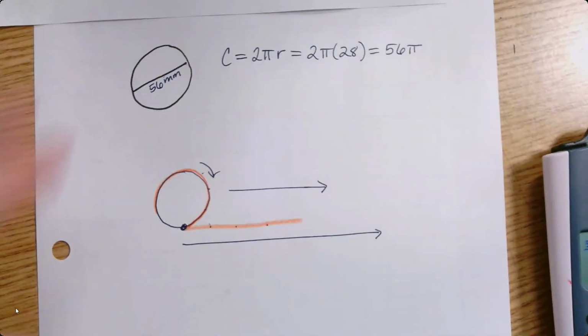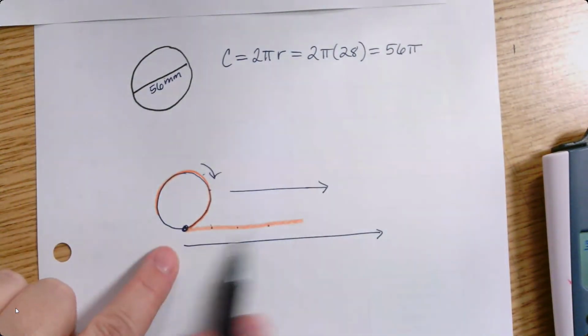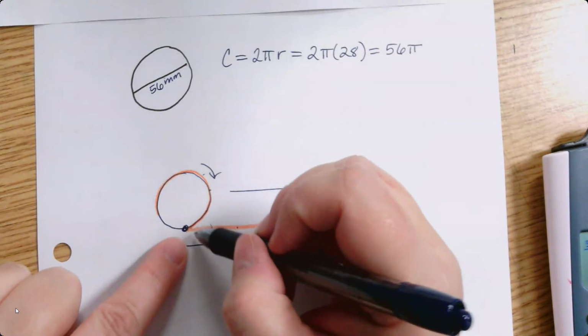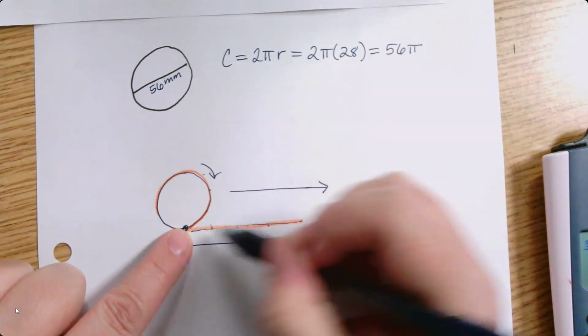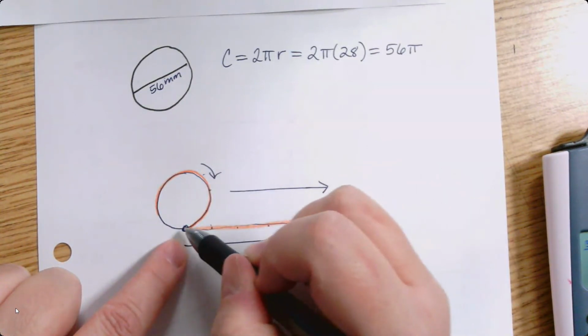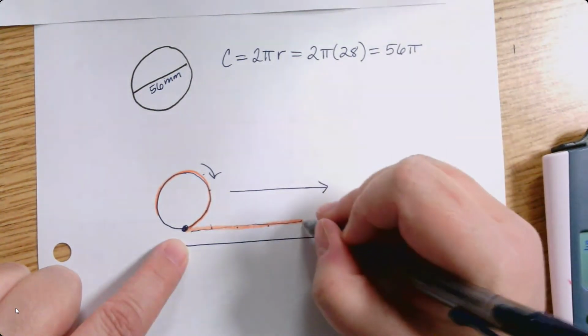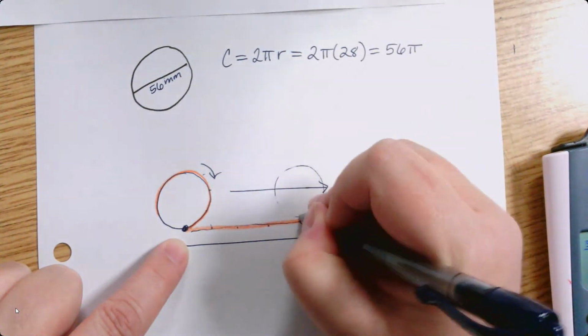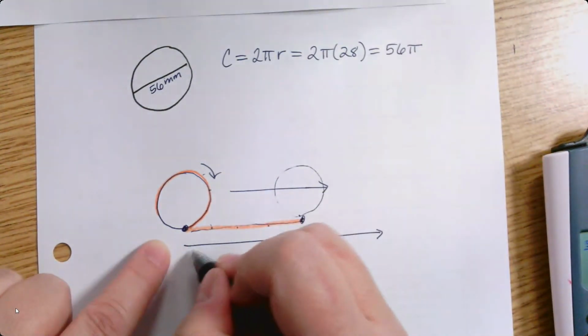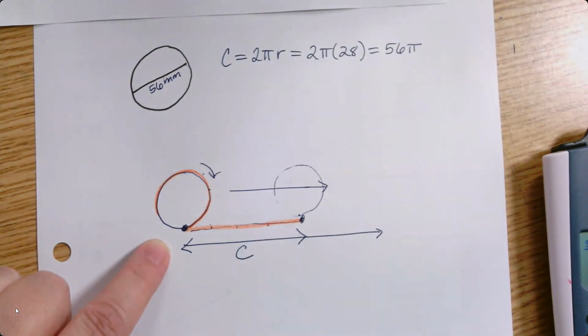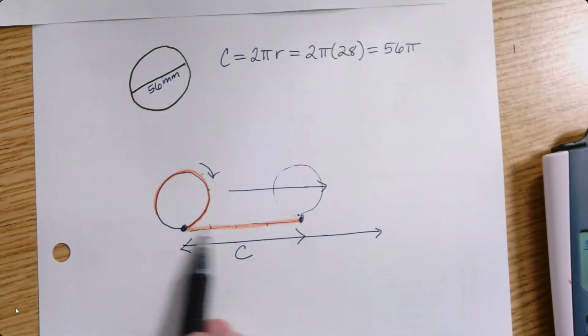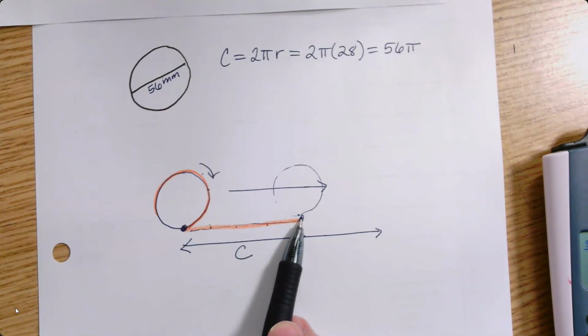All right, so 56 pi, what that's telling me in this context is if I rolled this circle along the ground and just rolled it around one time so that it comes back to being on the same point over here, then this distance here is the circumference. That's the distance around the circle.